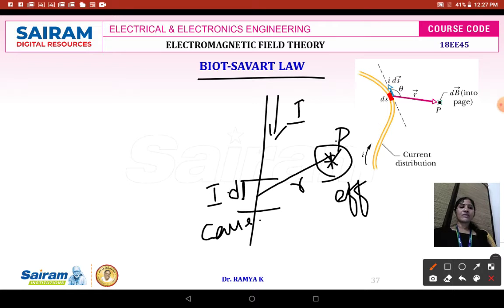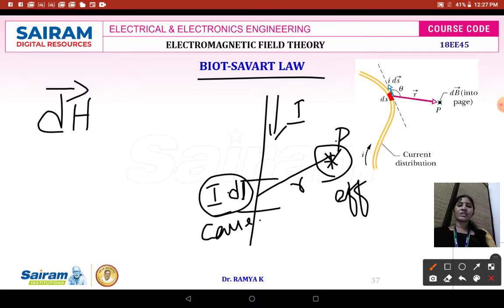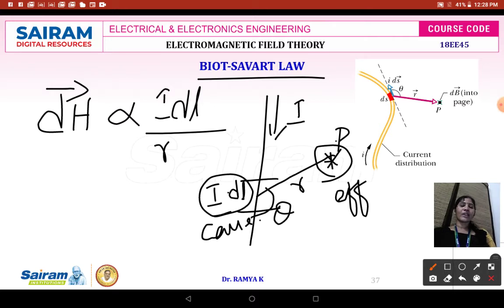Now, Biot-Savart's law states that the differential magnetic field intensity exerted at point P is directly proportional to the current element I into dl, and inversely proportional to the distance, and proportional to the sine of the angle made between the current element and point P.